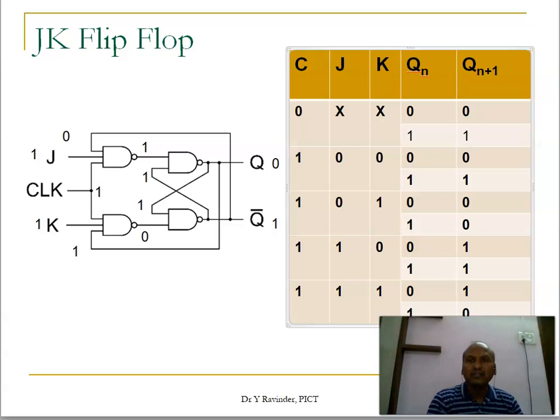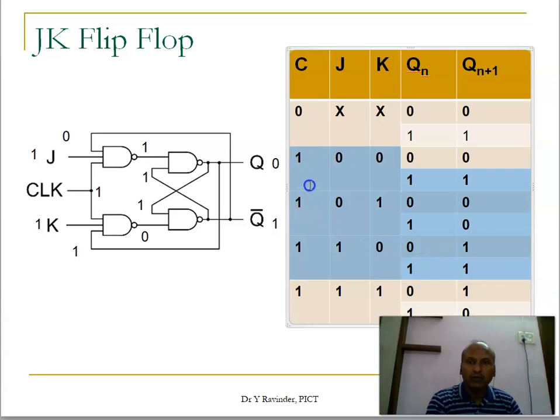So the main difference between a JK flip-flop and SR flip-flop is that these three conditions are almost the same for SR flip-flop. If you look at the truth table, it will be the same.